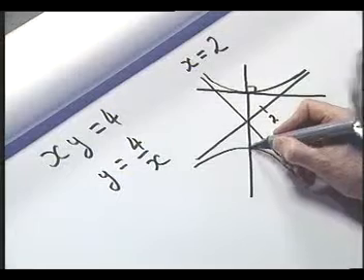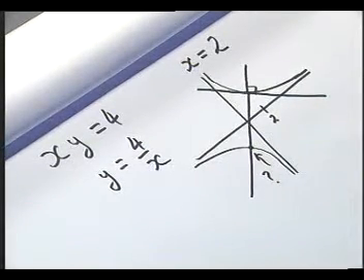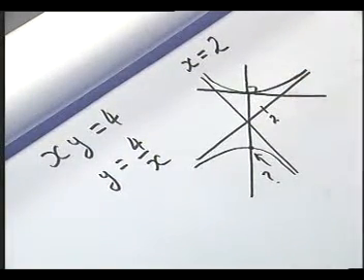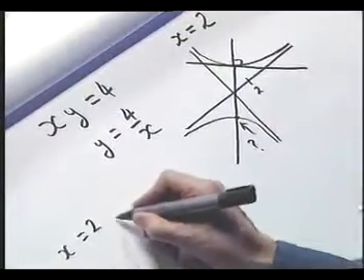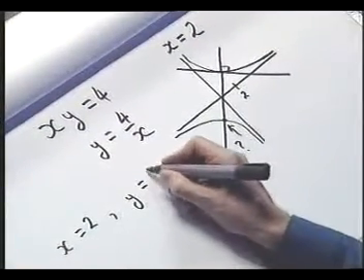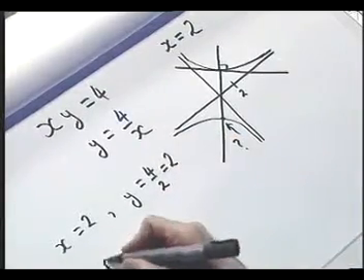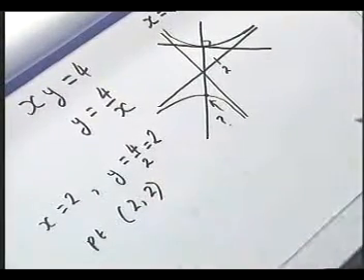So the question is, where is that point? First of all, let's establish what this point is up here. We know that x is equal to 2 and that y is equal to 4 over 2 equals 2. So our point is the point (2, 2).